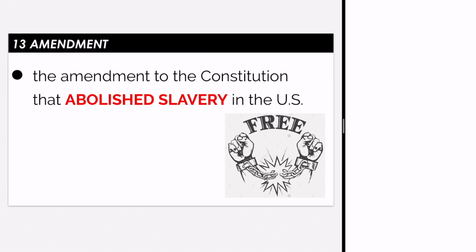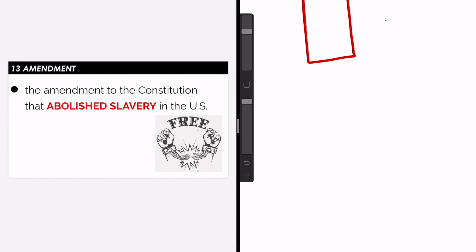Before we move on to the next words, we had the Bill of Rights. We learned about this a long time ago. Give me 1 second. This was the Bill of Rights. Now, the Bill of Rights had the first 10 amendments.